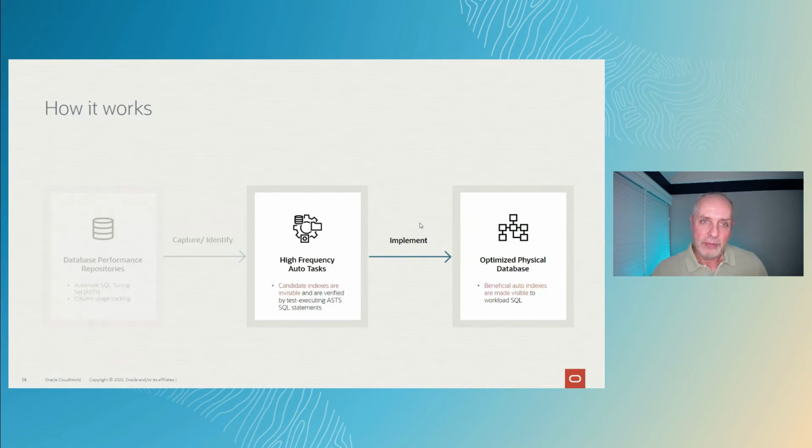Okay. So the candidate indexes are created invisible, and we test parse SQL statements from your workload and figure out whether those indexes are going to be used or not, whether the optimizer thinks they're going to be useful. For those indexes that the optimizer thinks are useful, we will materialize and build them, so they are in the database, but they are invisible.